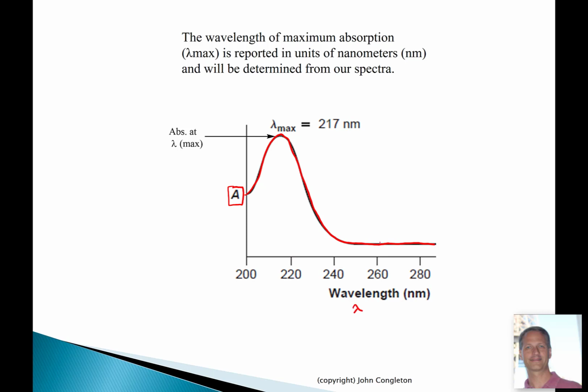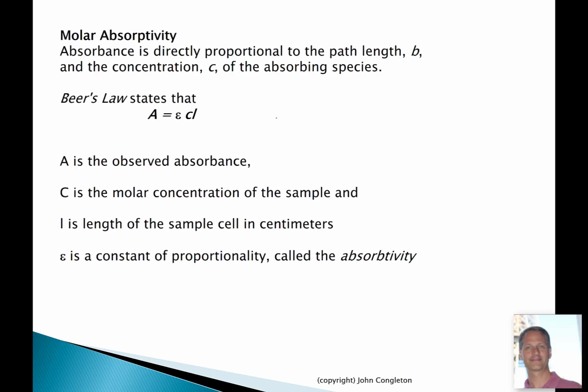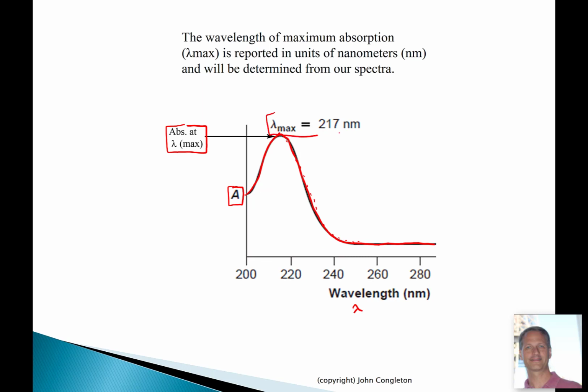We look along the curve and find the maximum absorbance, and that wavelength is called your lambda max. So that's the number we're going to be looking at. With that lambda max, we can calculate delta E's, and that's what we want to be trying to find.